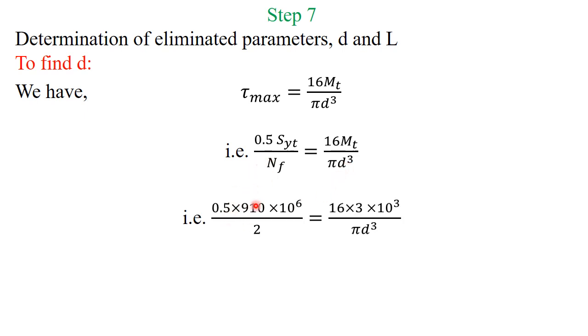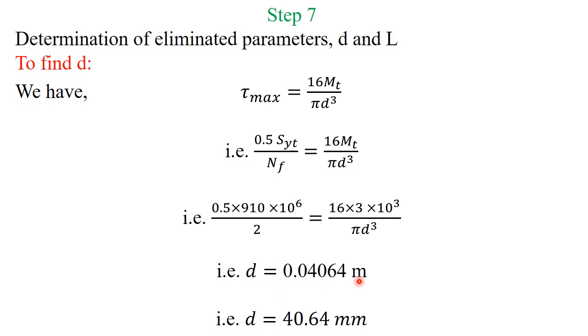So you can find out D from this by putting the appropriate values of titanium alloy. Units again must be seen properly. Put all in SI units, better. So you get D in meter. D is equal to 0.04064 meter. If you want to put it in mm, it will be 40.64 mm.